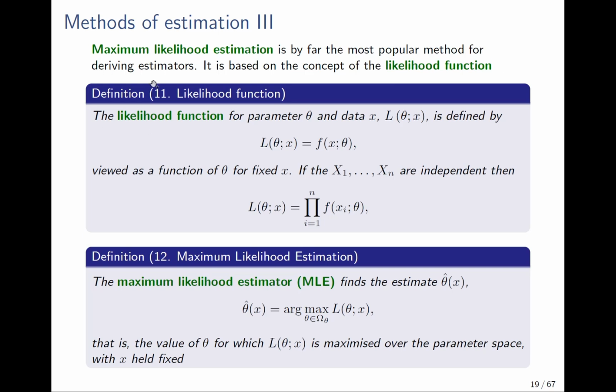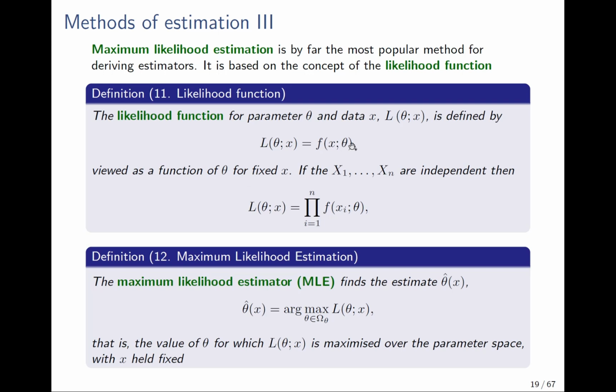And we'll define it here in definition 11. The likelihood function for parameter theta and data small x, denoted L(theta; x), is defined as this function here, viewed as a function of theta for fixed x. This is really important. This is not a probability density in x given parameters theta.